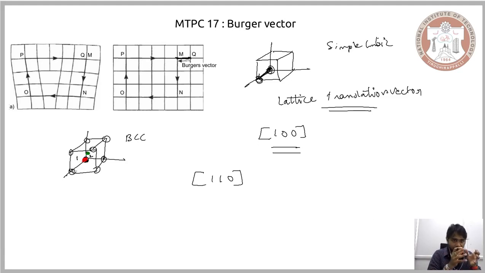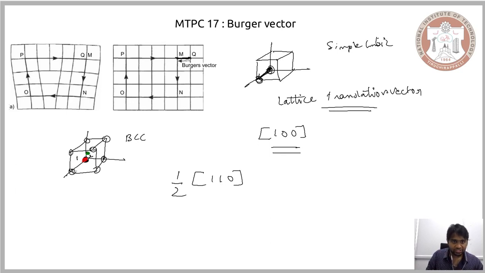So in case of the corner and the body centered atom, the direction of the Burgers vector that we need to consider is 1, 1, 0, and the magnitude of it is half of the overall distance in this direction. See the overall interatomic distance between these 2 along this direction, and it will be half of it. So we will be considering 1 by 2 of 1, 1, 0.